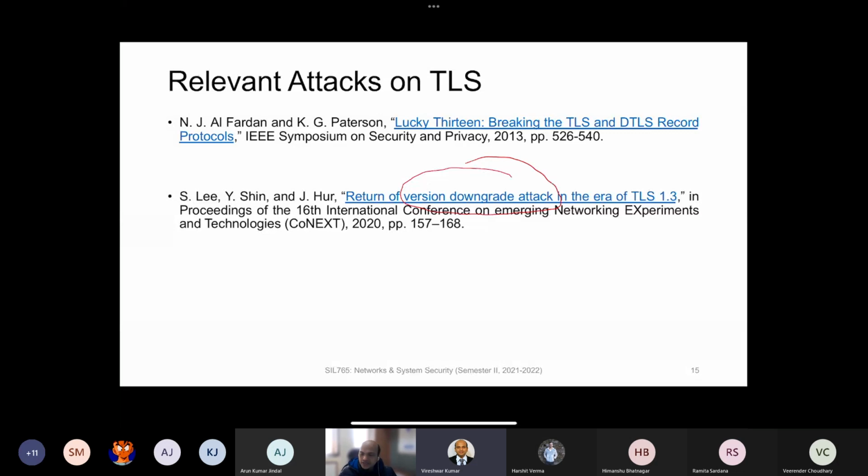So what an attacker could do is this: we discussed that during the handshake, two entities start to communicate in plain text, and then they agree on the version of TLS that they will utilize during their communication and the corresponding cryptographic algorithms, the crypto suite. So a very typical attack that is possible is what is called the version downgrade attack.